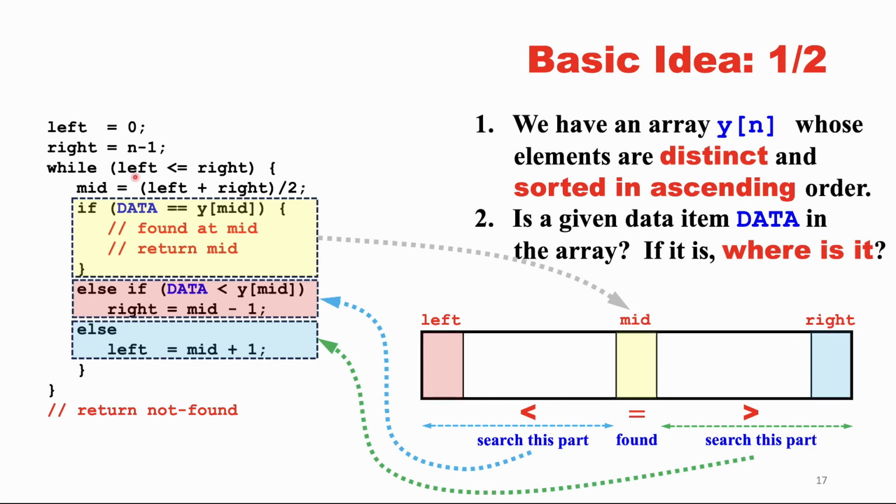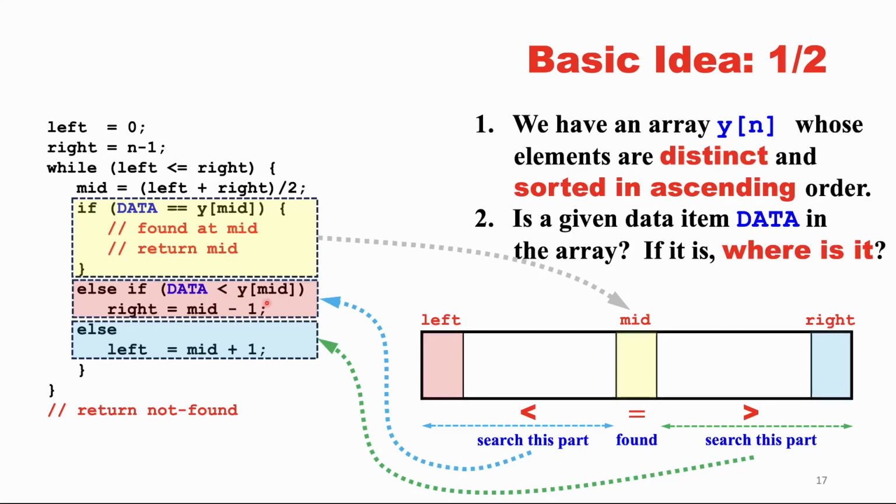So here it is. We compute the location of the middle element and compare the given data against it. If it's there, we found it and return mid, the location. Otherwise, which means data is not equal to Y mid, it's either less than or larger than Y mid.